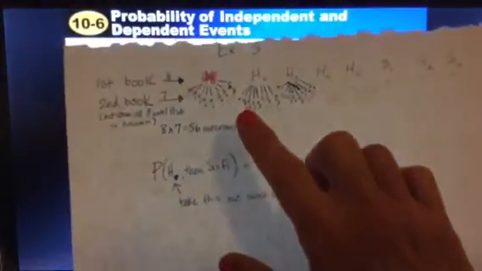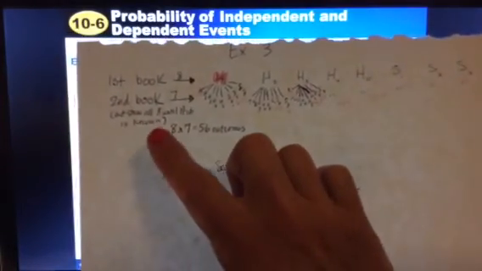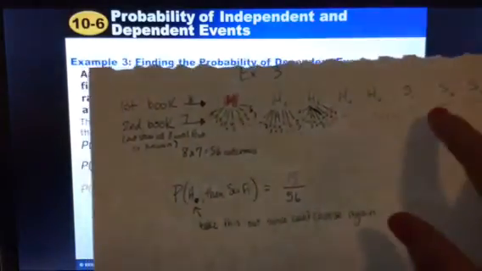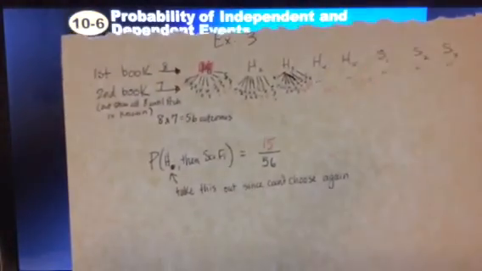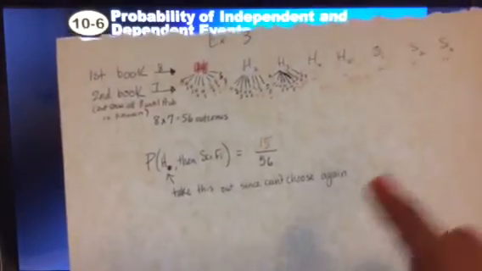We don't know which one they're taking because we don't know which probability until they give us the probability. But we do know that the counting principle is going to say it'll be 8 times 7 because one of the history books is gone. So there's going to be 56 outcomes in all.